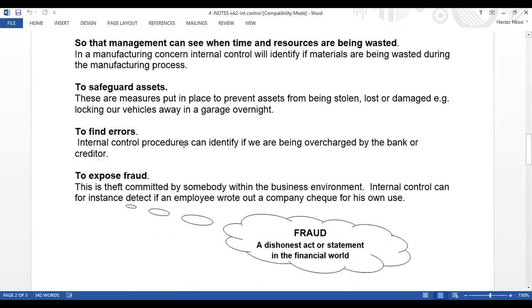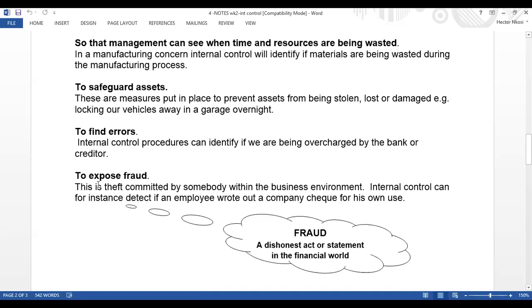Also, the purpose of internal controls is to find errors. Internal control procedures can identify if we are being overcharged by the bank or creditor, right? Also to expose fraud, right?